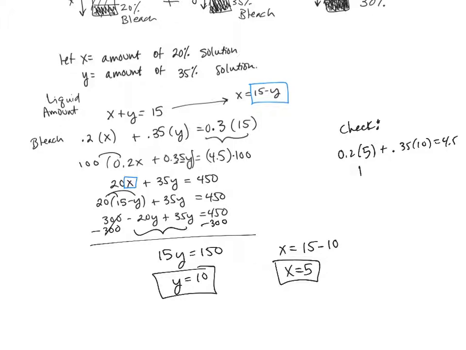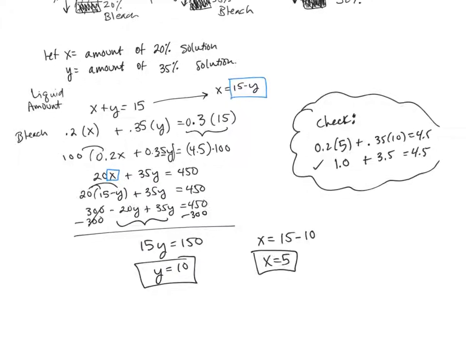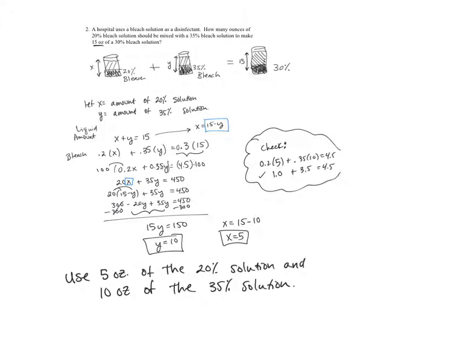Yes, because 2 times 5 is 10, move that decimal point over 1, and then we've got 3.5, and that does equal 4.5. So that does check out. And then we'll write it out in a complete sentence. We'll use 5 ounces of the 20% solution and 10 ounces of the 35% solution to get 15 ounces of the 30% solution.